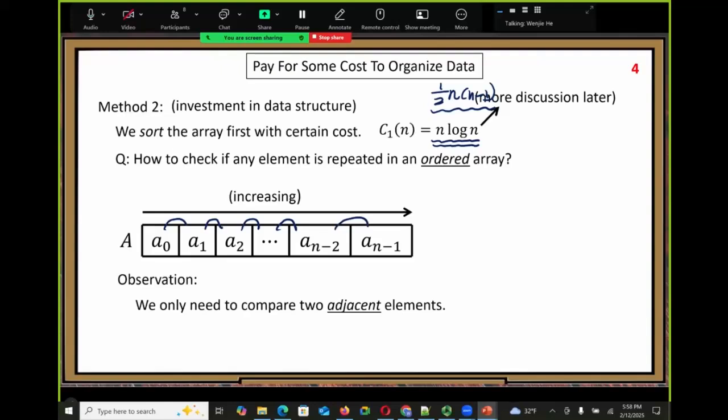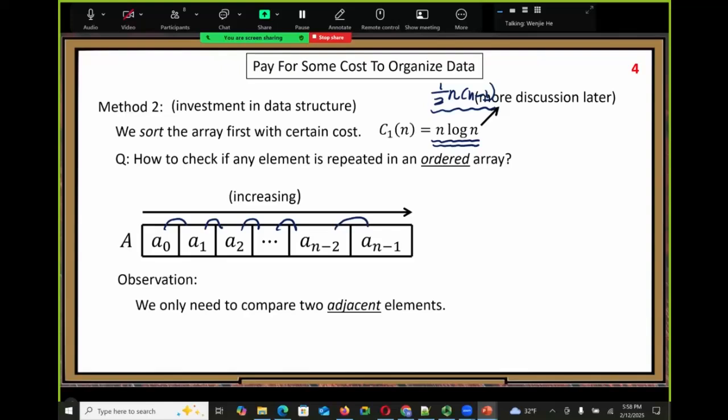That's the critical observation, the critical property you need to discover. So that's a big improvement.